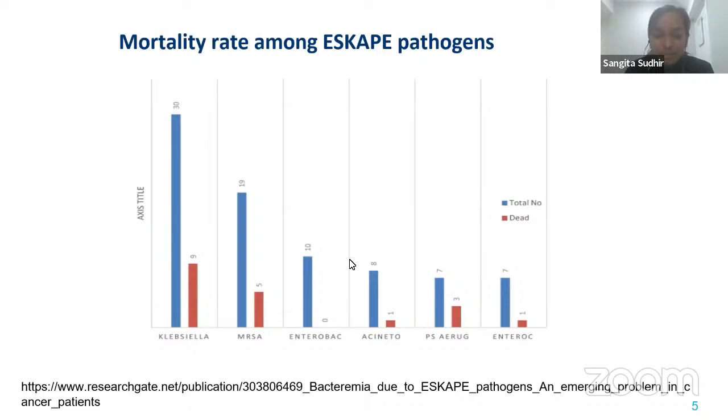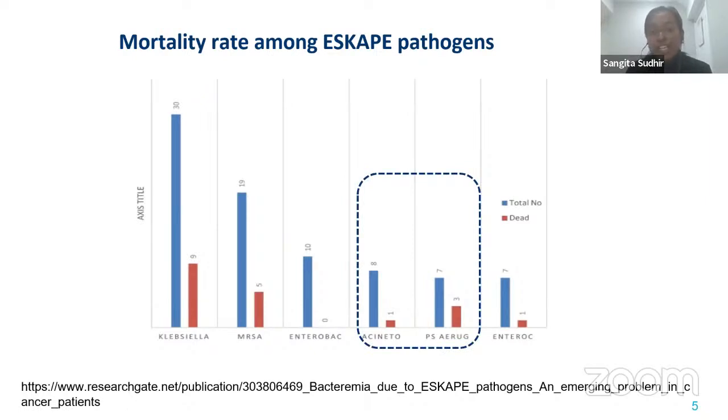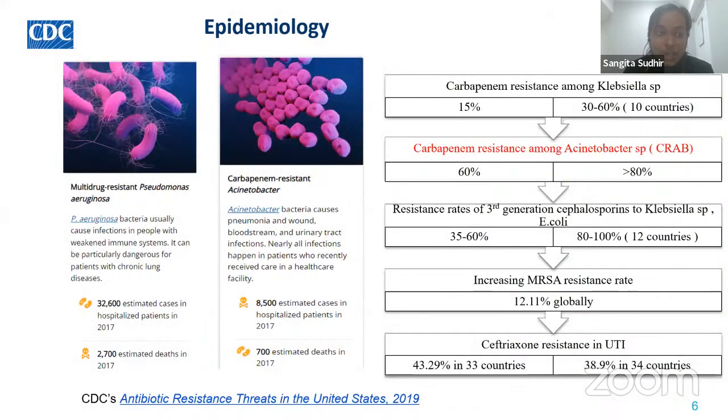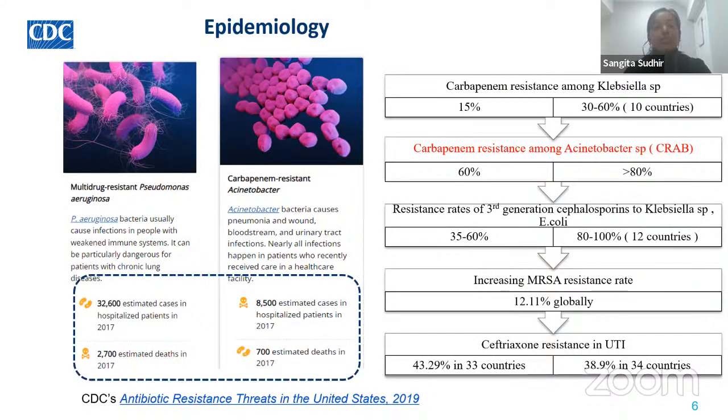As you can see, the mortality among Acinetobacter and Pseudomonas aeruginosa is significant, and it needs to be considered important. According to the Centers for Disease Control data, the estimated cases and associated deaths of these organisms are very high.